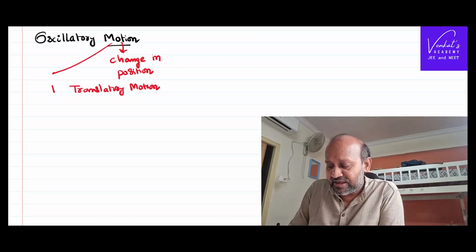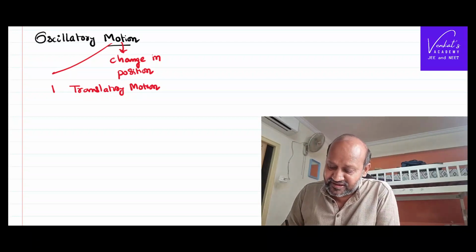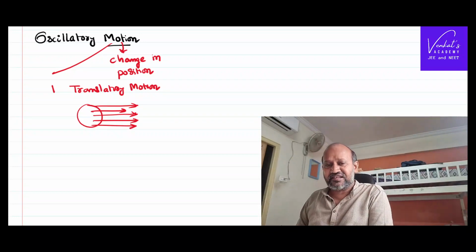What do you mean by a translatory motion? If all particles of a body have a similar kind of motion, say I move this body like this, so each particle of the body is moving in the same way, then that kind of motion is called translatory motion.